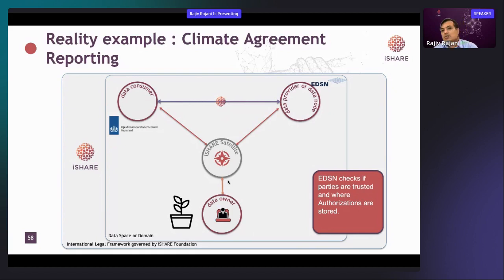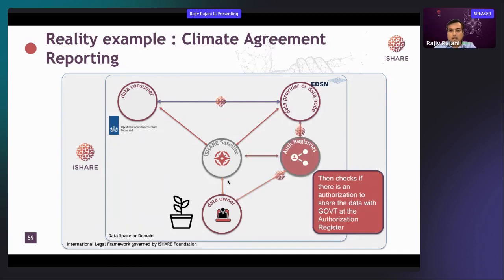So it checks with the satellite whether this participant is known in the network or not. Once it has determined that, of course, it can then see, okay, it is indeed an authenticated participant. It's an authentic participant, basically. So it doesn't mind if it is asking for that data.